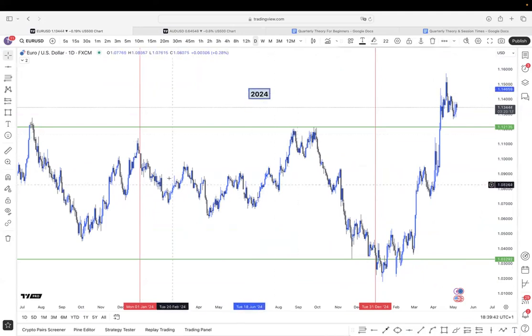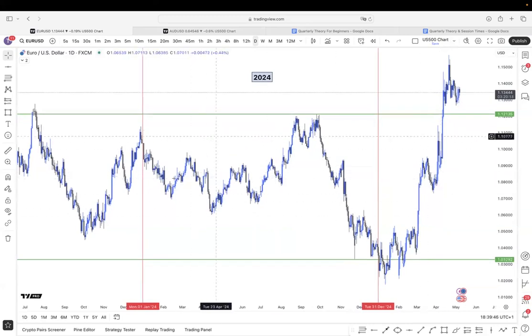Now, it may look like random candles to you, but basically this is separated into a time element. And what we essentially look for is splitting this whole thing into quarters in order to find seasonality.